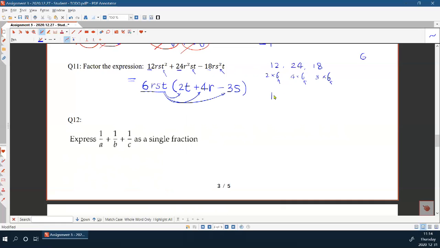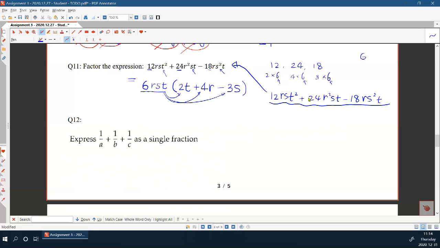If you recover, you can find first term is 12r s t squared. The second term is 24r squared s t. Last term is minus 18r s squared t. Okay, this one should be equal to the original. Should be identical to the original one, right?